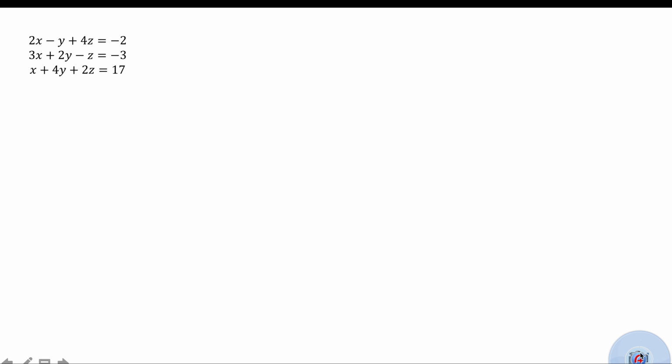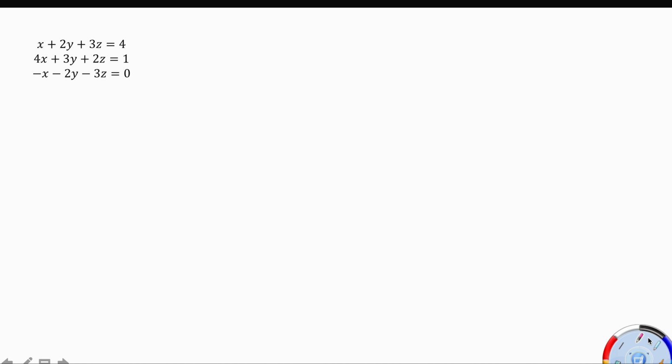All right, let's see if we have another one. Right, one more. Let's try that again. Okay, D is going to be the coefficients of all my variables.